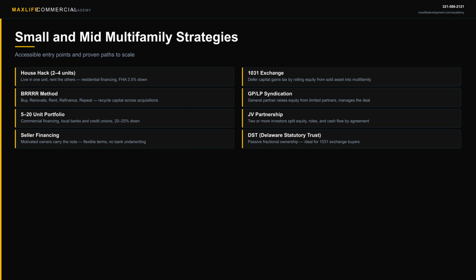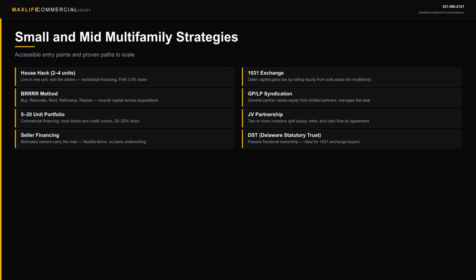As you move into the 5 to 20 unit range, you shift into commercial financing territory. Local banks, credit unions, and regional lenders become your primary capital sources. Seller financing is an underutilized strategy, particularly with mom and pop operators who have owned a property for decades, don't need a lump sum, and want income without the management headache.